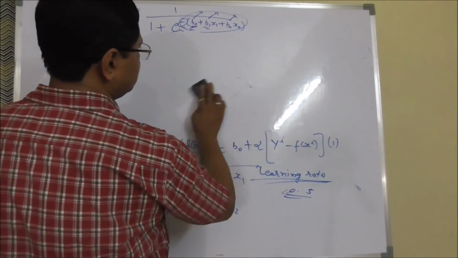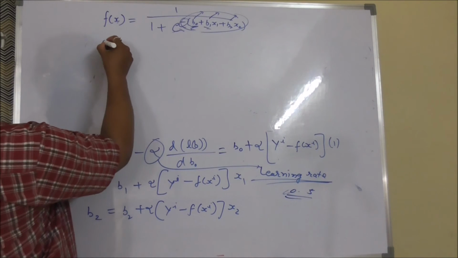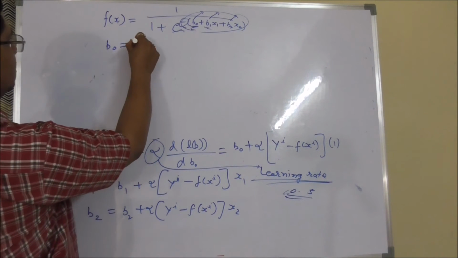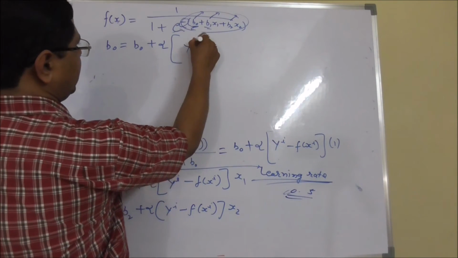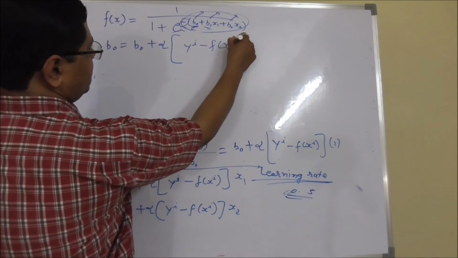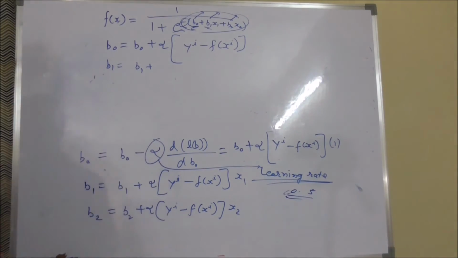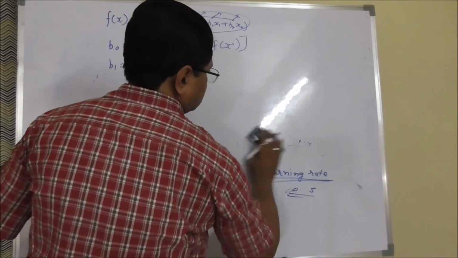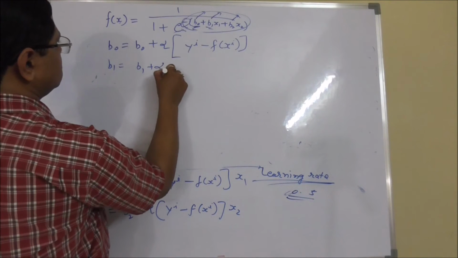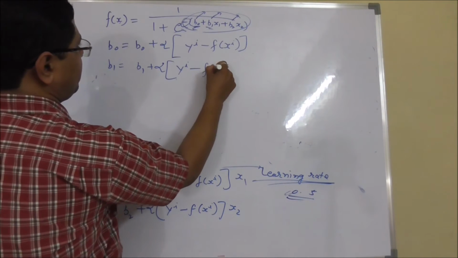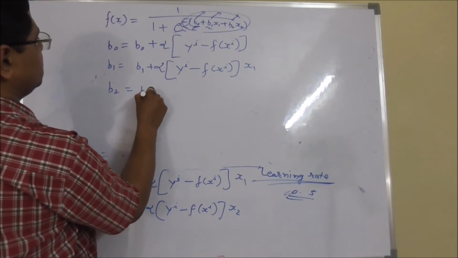We have all these values available, so we can write it in the form of a rule: b0 is equal to b0 plus alpha times (yi minus f(xi)), b1 is equal to b1 plus alpha times (yi minus f(xi)) times x1, and b2 is equal to b2 plus alpha times (yi minus f(xi)) times x2.